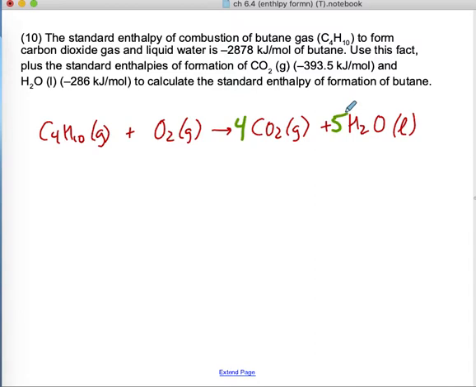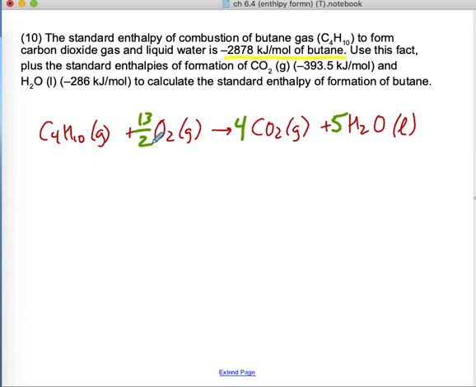That gives me 8 plus 5 is 13 oxygen atoms on the product side. You may be tempted to multiply everything by 2 so that you don't have a fractional coefficient, but pay attention. The problem says negative 2,878 kilojoules per mole of butane. So the negative 2,878 kilojoules applies to this reaction when butane has a coefficient of 1. Okay? If you were to balance it by putting a coefficient of 2, you would have to double that, but it's perfectly fine to use a fractional coefficient here anyway.